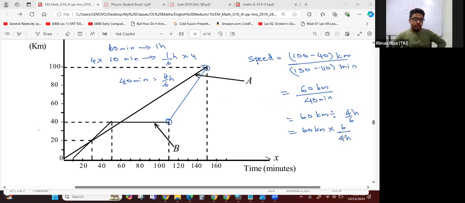Then here we can divide 2 into 2, 2 into 3, 2 into 1, 2 into 2. So 30 into 3 is 90 kilometers per hour. So that's the speed that the bus B has to travel, 90 kilometers per hour.